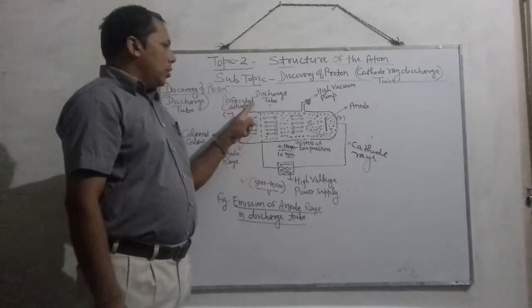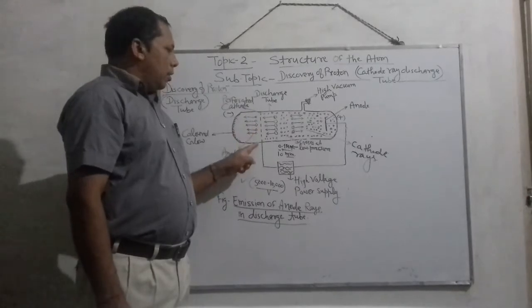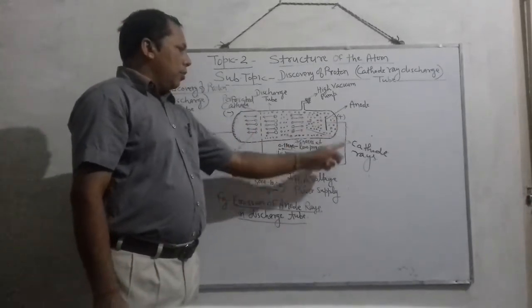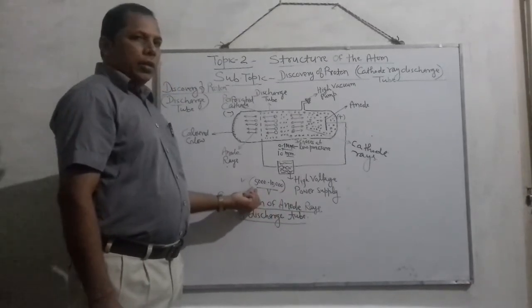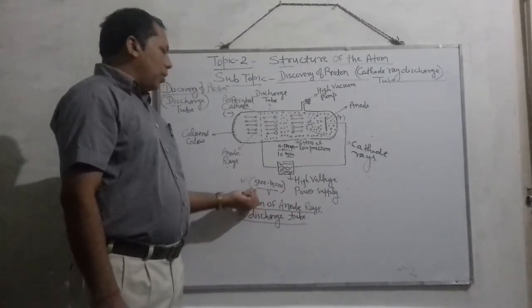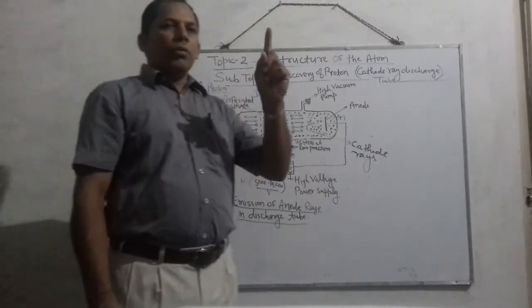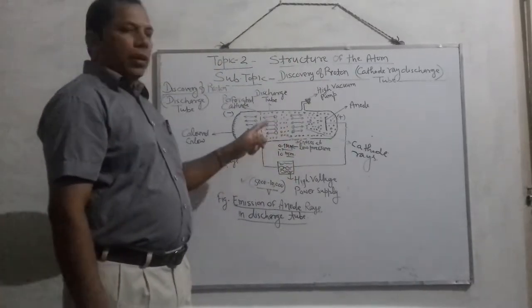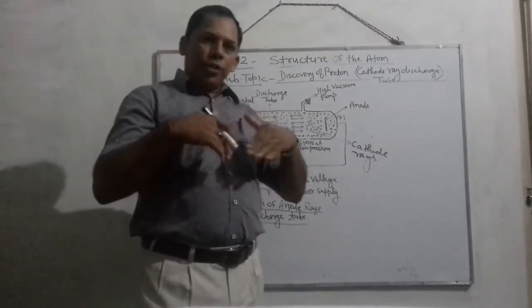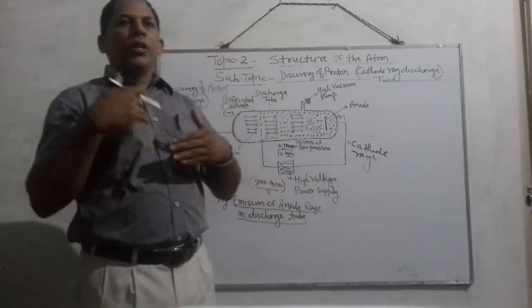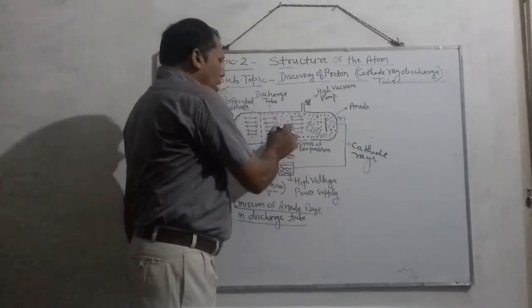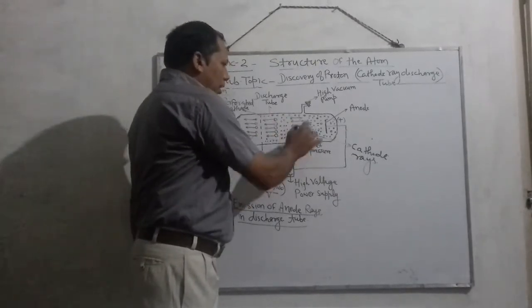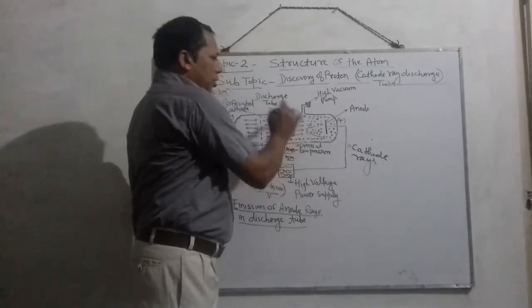And this tube is connected with a high voltage power supply having voltage in between 5000 volt to 10,000 volt, and the gas which we have to examine is filled in the discharge tube.